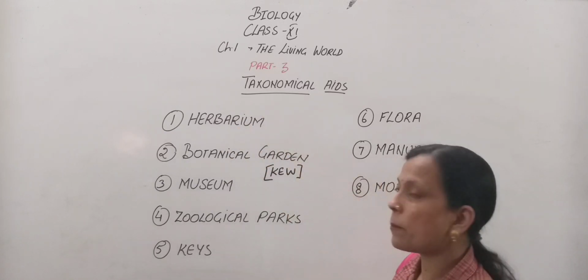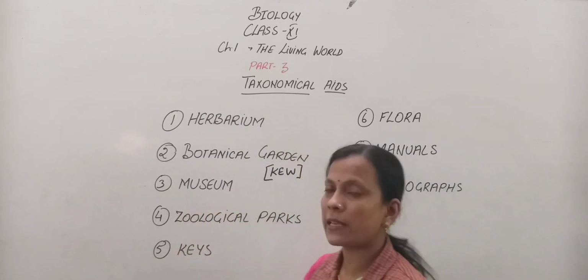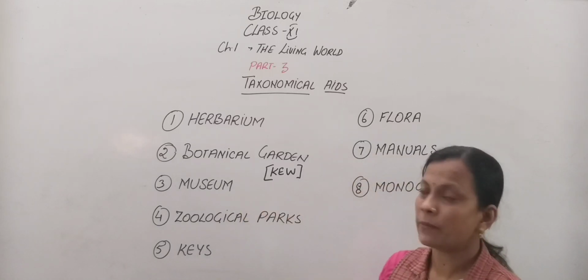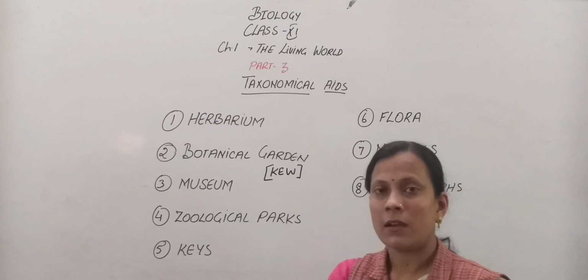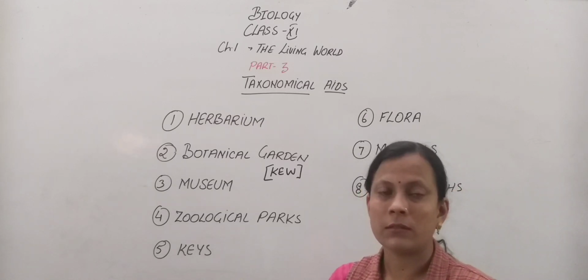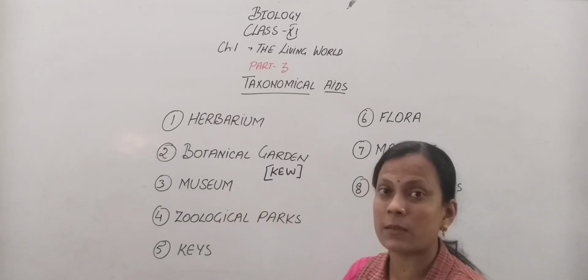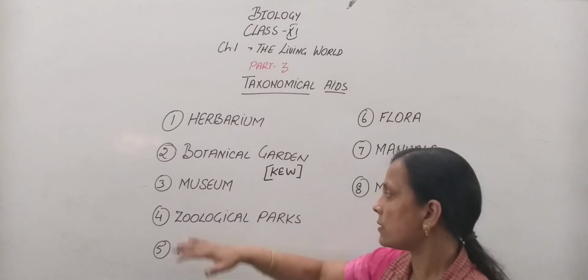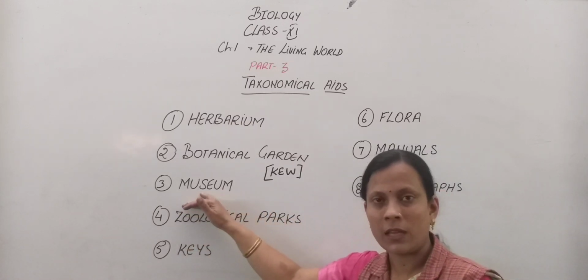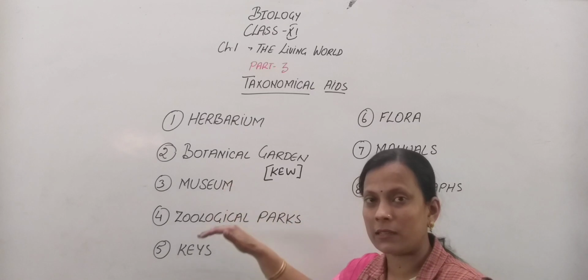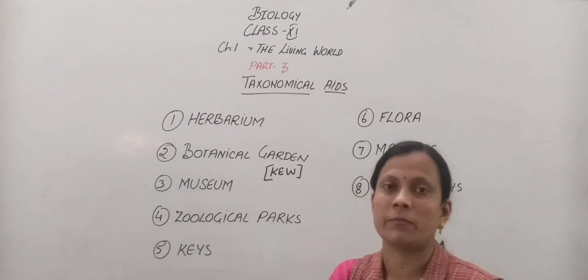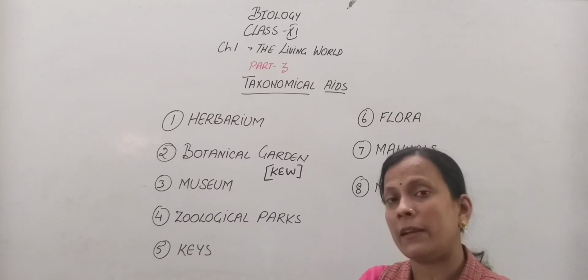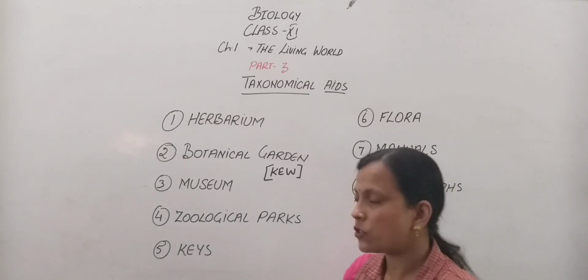This is for plants. Now the third taxonomic aid is the museum. What happens in a museum? It is the place where dead organisms are kept, and it is for animals. The animals are dead, but they are maintained in their original shape by stuffing and other methods.